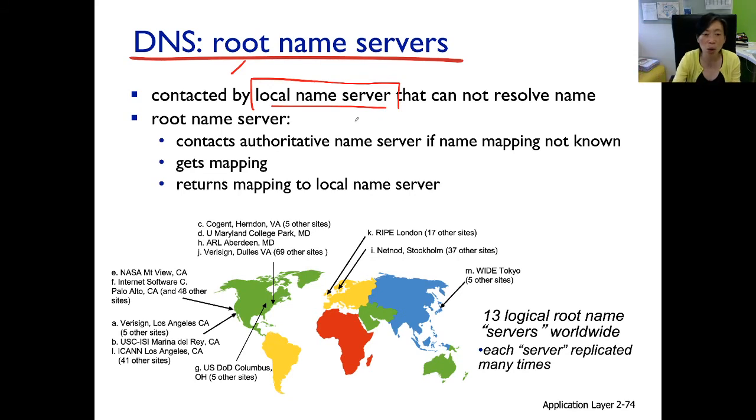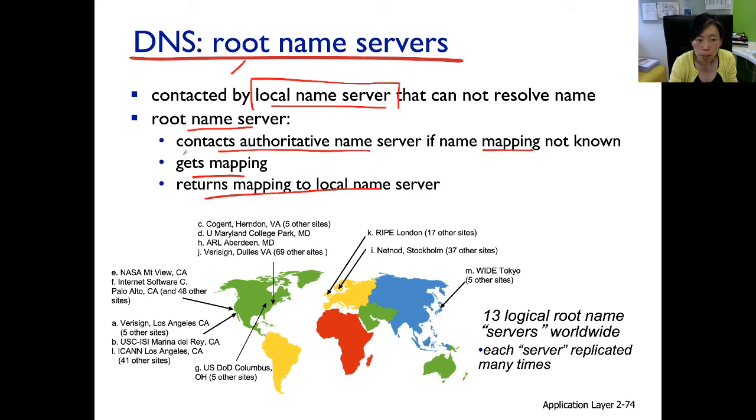So in a way, the local name server here is the client of the name to IP lookup service. So a local name server contacts the root server first, right? The root server then will contact the authoritative name server to find the mapping. Get the mapping and then return the mapping to the local name server.